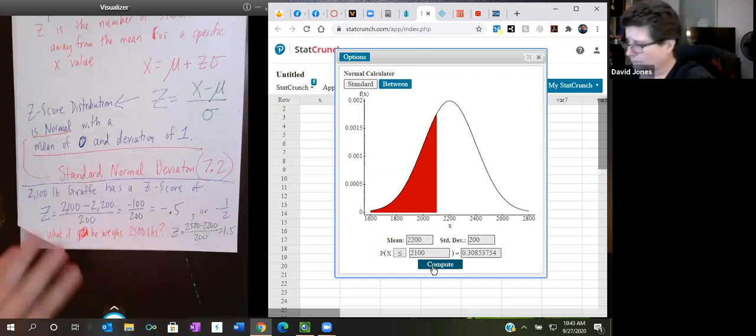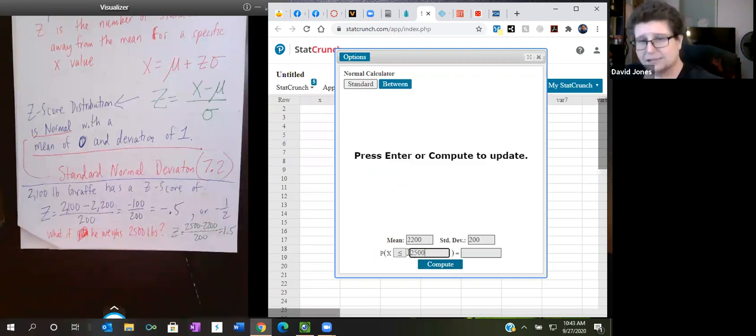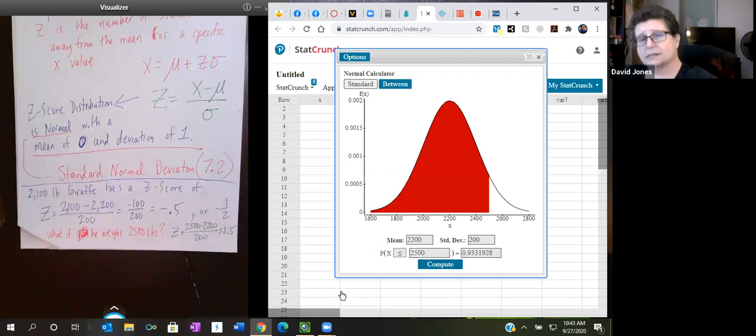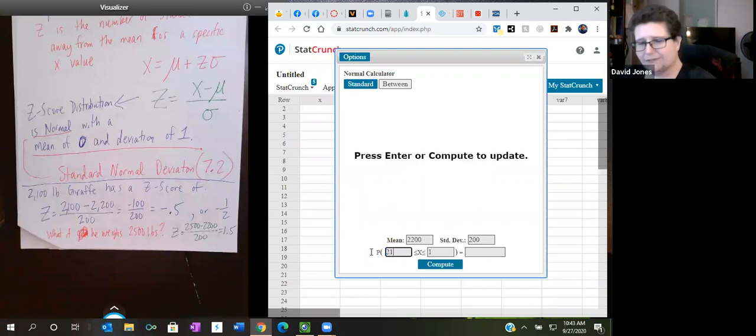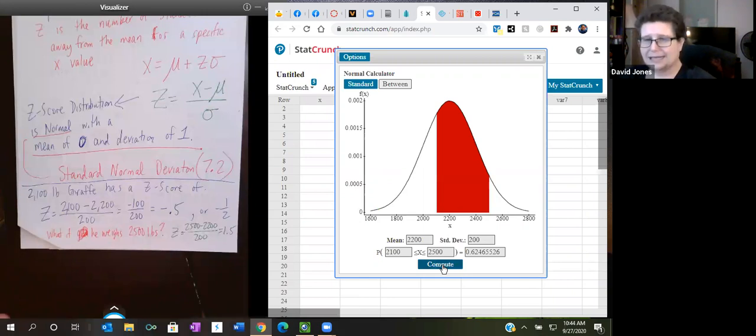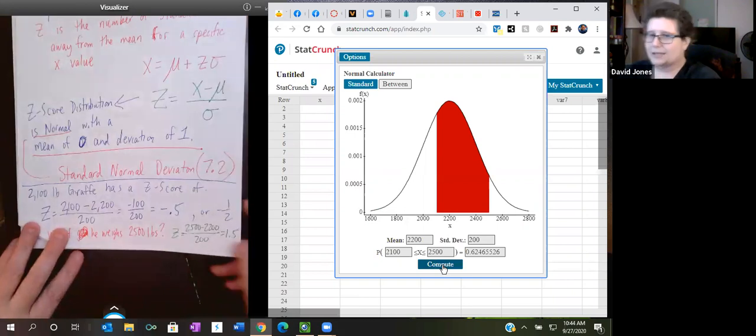Where is that on our graph here? I could put 2,500 here. Most giraffes weigh less than 2,500 pounds. We can see that. If we wanted to say between 2,100 and 2,500 pounds, I'm going to show you how the z-score compares to this.